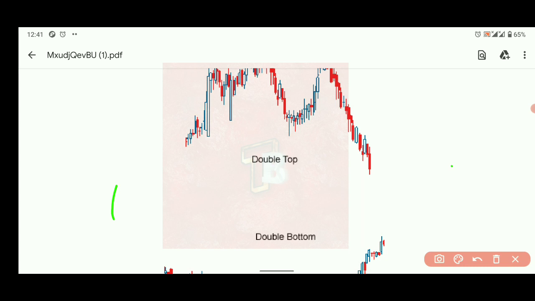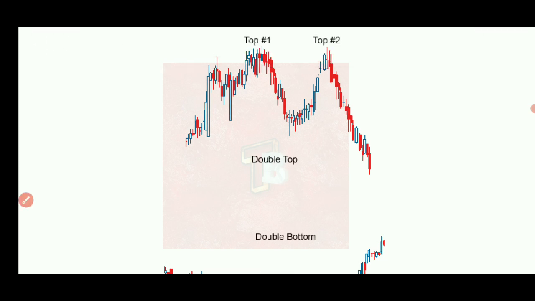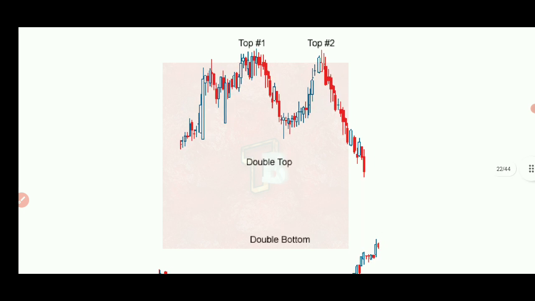Right here, on the top, you can see the top one and the top two. And as you can see, we have something like a neck region. I will illustrate it with a chart.